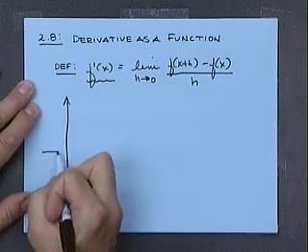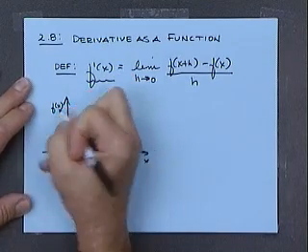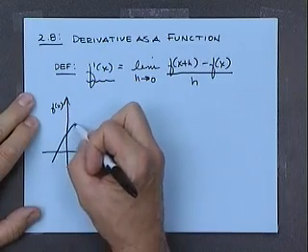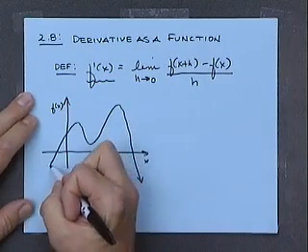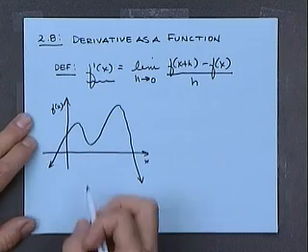So the first thing the author addresses in this particular section is, let's suppose that we have the graph of the original function. And let's say it looks something like this. We'll try to make it fairly smooth and continuous to start with, and then we'll see what happens from there.